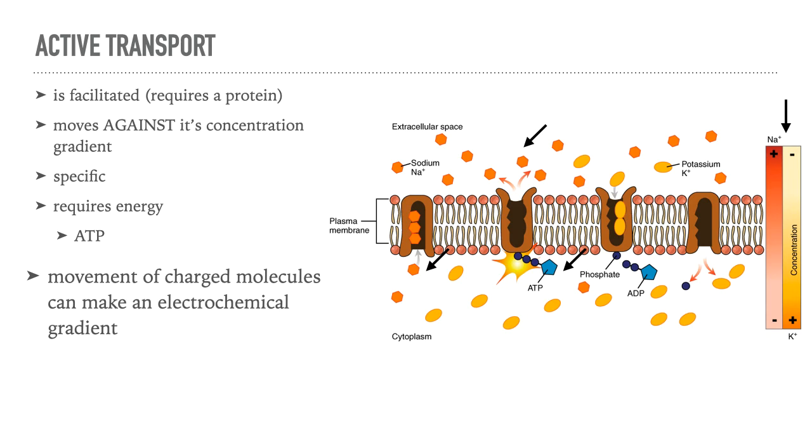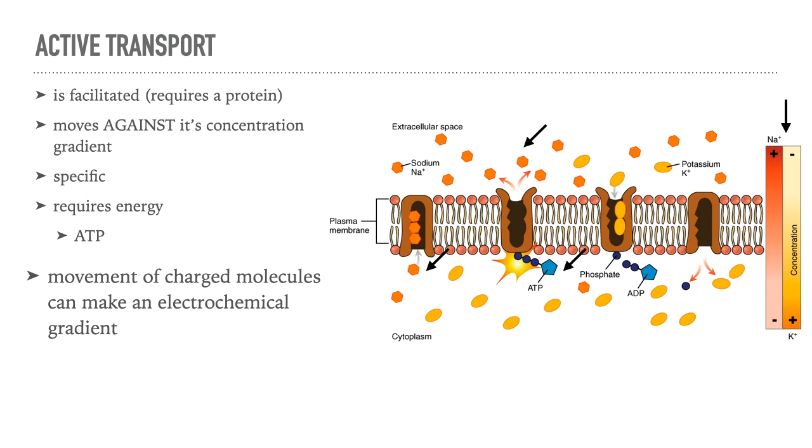If you move more of them outside, it will be the opposite. The charge on the membrane is going to depend on what ions are being moved and what their charge is. You can also move chloride ions as well. It's just going to depend on how many molecules end up where, but this is a great way to set up this electrochemical gradient.